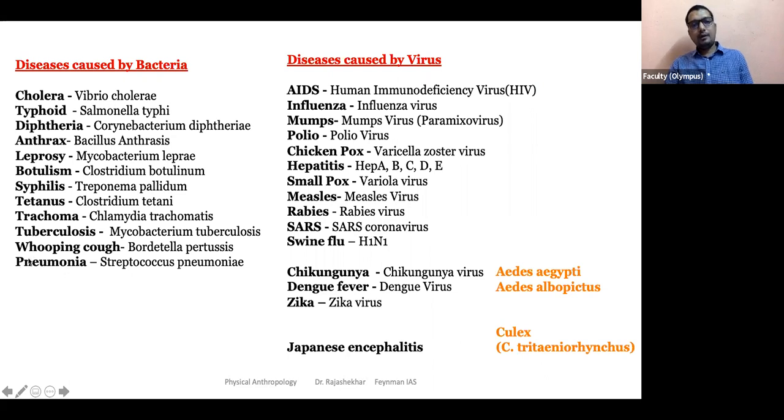Pneumonia is usually put under bacteria, but it can also be caused by some viruses. Usually the main cause is Streptococcus pneumoniae. Even COVID-19, they say, causes pneumonia-like symptoms, but the main agent is a bacterial agent. Like that, many of these agents.